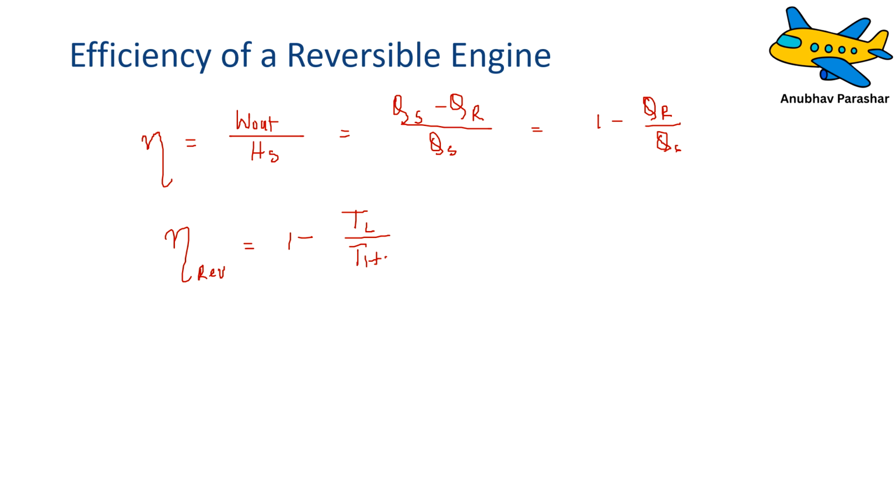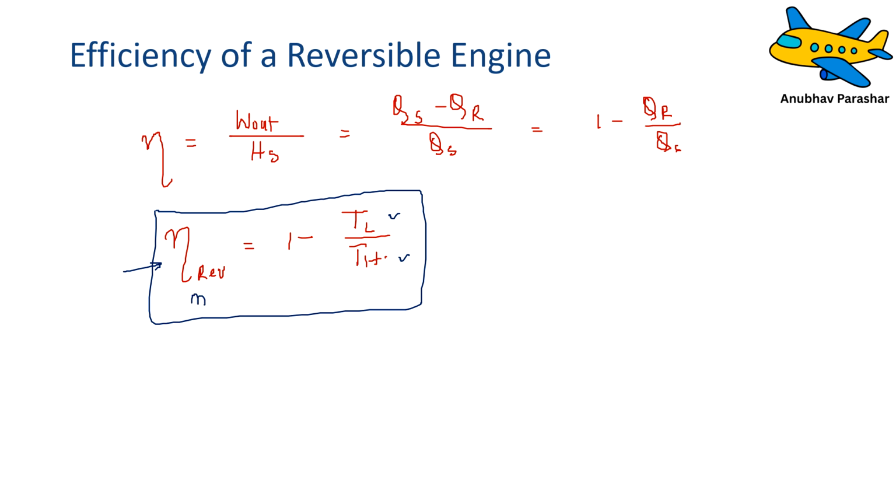So you see the efficiency of a reversible engine, right? This is the maximum efficiency of a reversible engine, 1 minus TL by TH. So you see it only depends on the higher and lower temperature, right? So this is the maximum efficiency that can be reached.